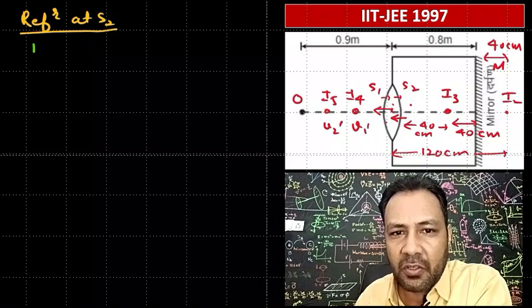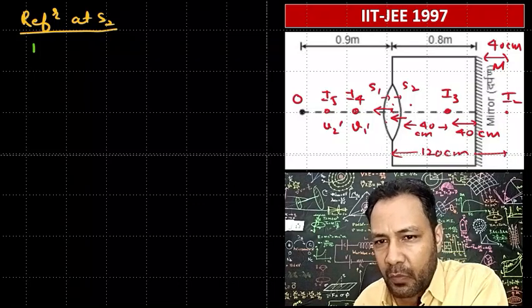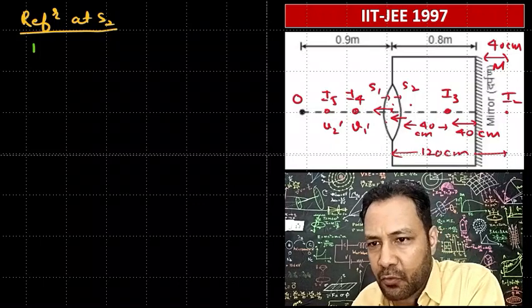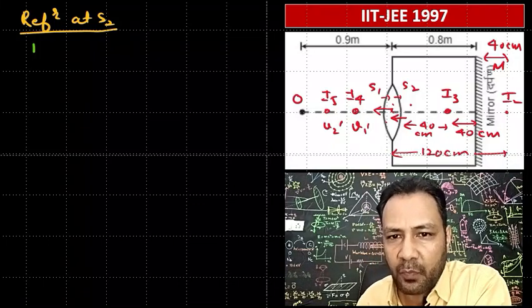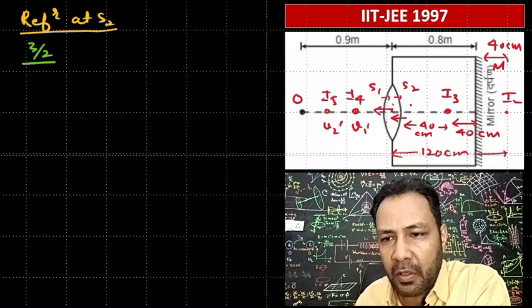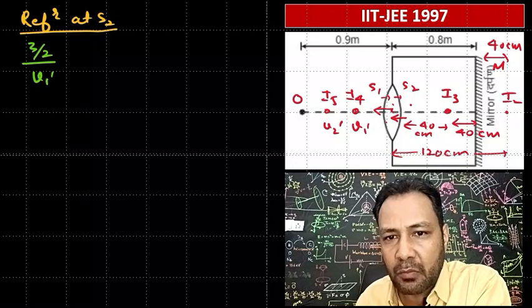So for refraction at S2, mu r by V, mu r, the ray is going from water to lens. So mu r would be 3 by 2 by V1 dash minus 4 by 3.